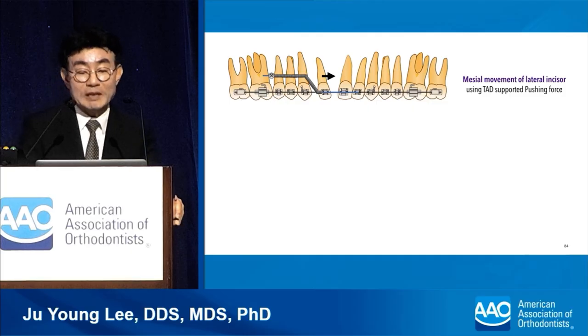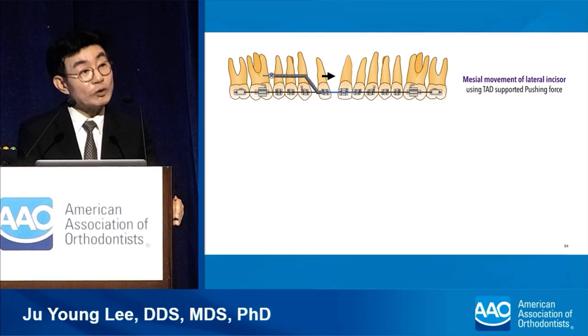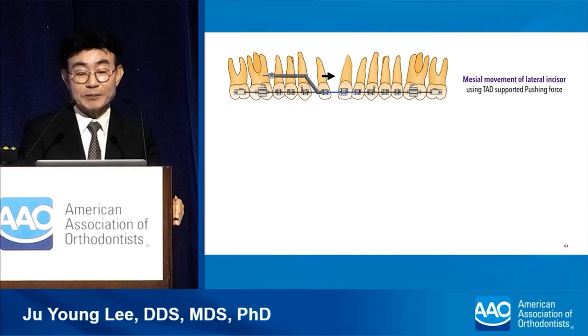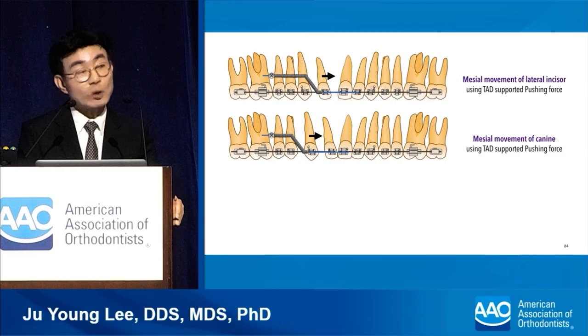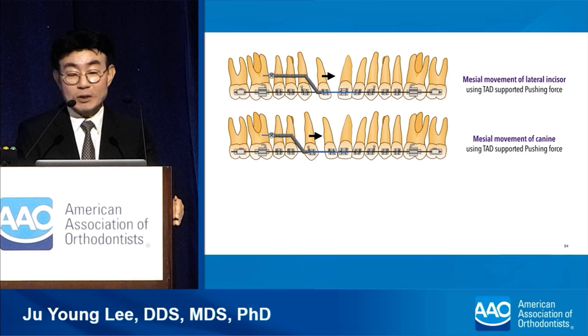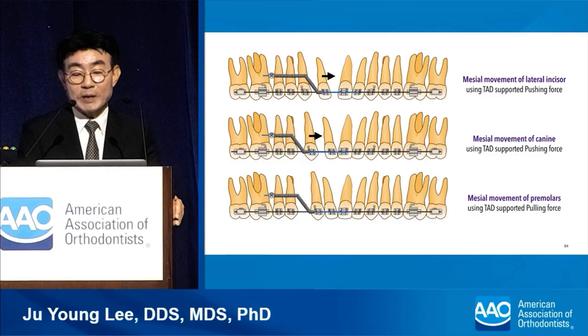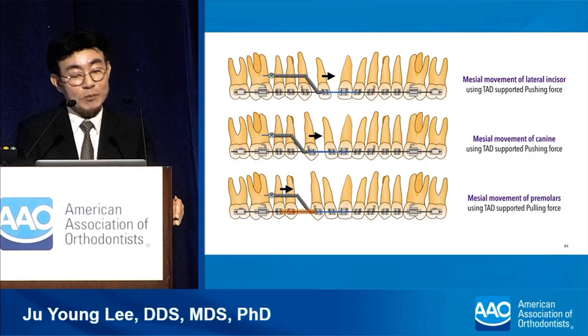To improve the aesthetics of the entire teeth, the lateral incisor was pushed anteriorly. Then the canine was moved anteriorly solely as it has a long, stubborn root. The pushing force was very effective for the major movement of the canine. All remaining teeth on the right were moved mesially afterward.